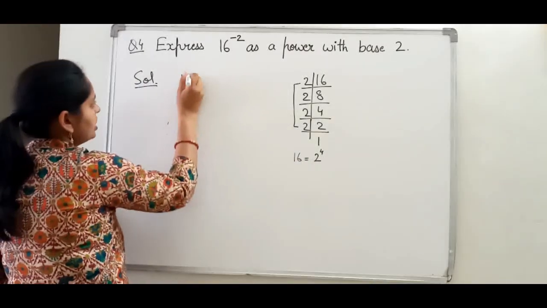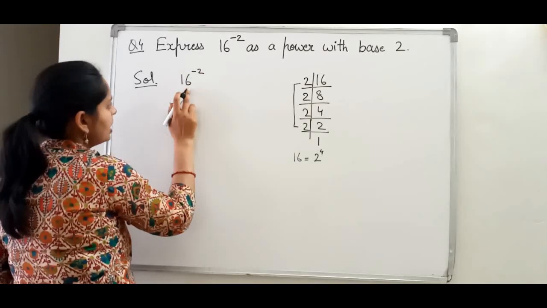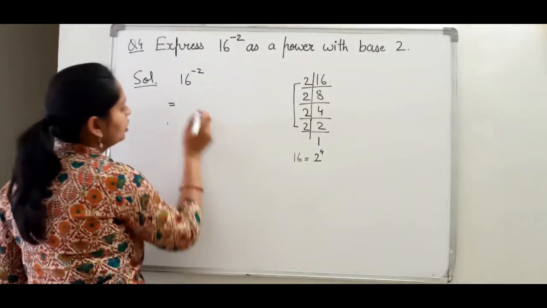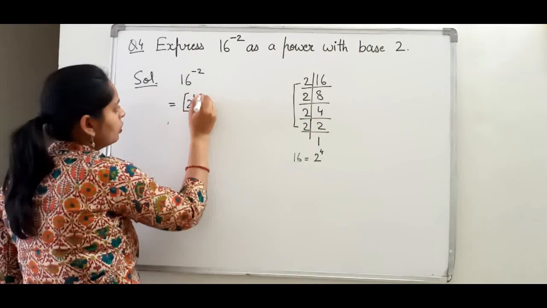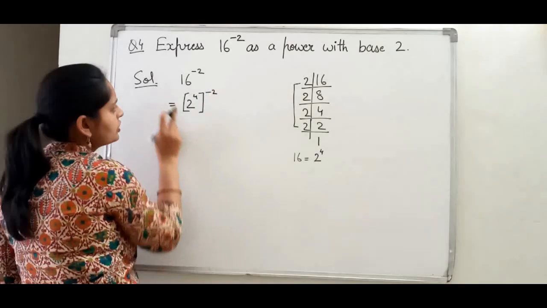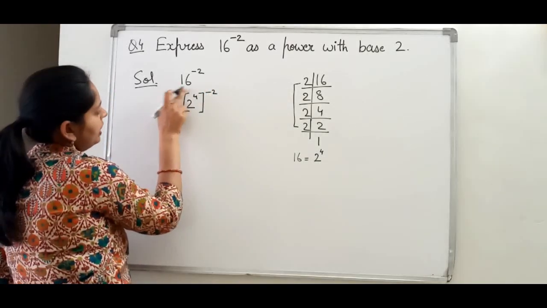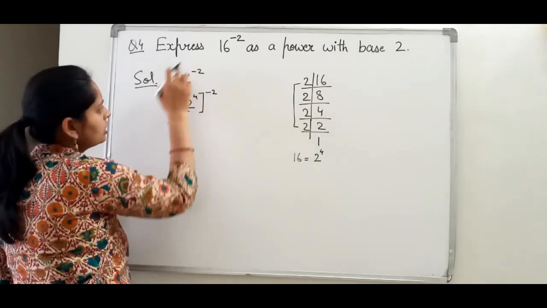We have the question 16^(−2), which will be equal to, in place of 16, what can we write? 2^4. But the overall power given is minus 2. We have just changed the place of 16: in place of 16 we have written 2^4, and the rest we copy down from the question.